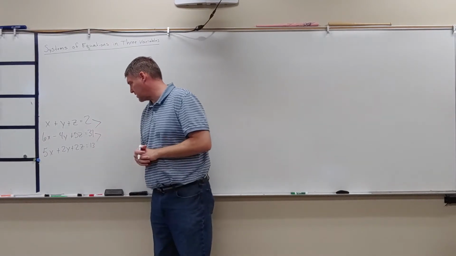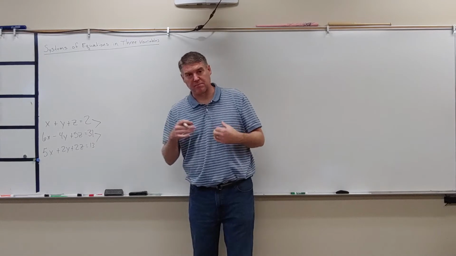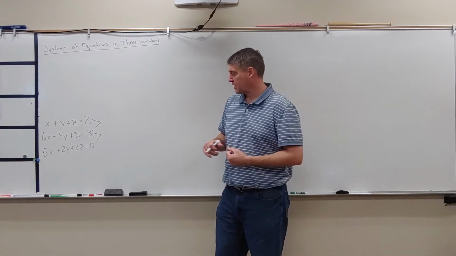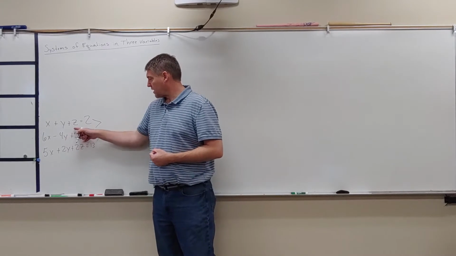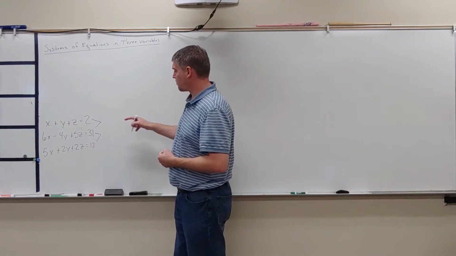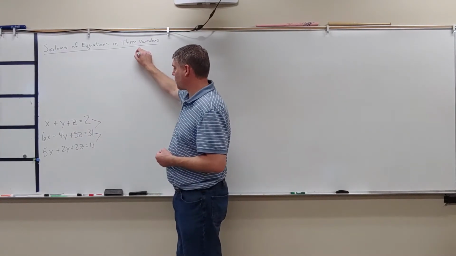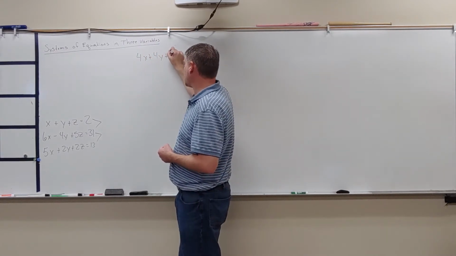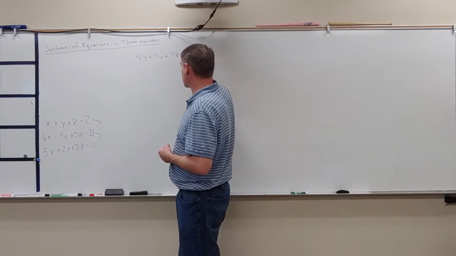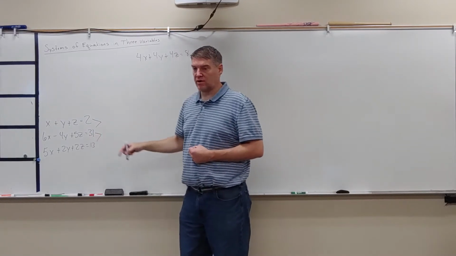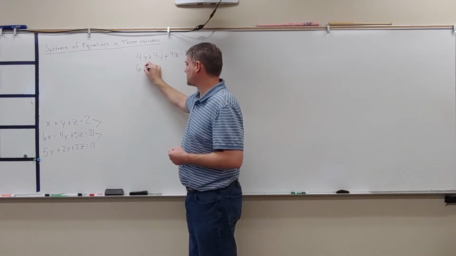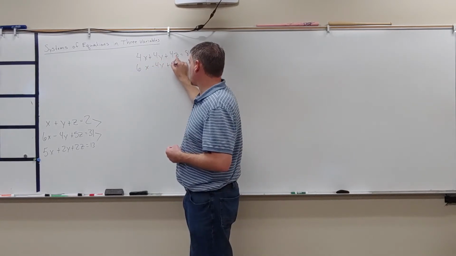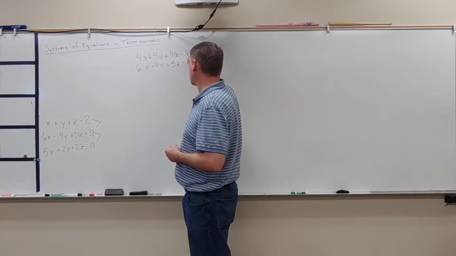I'm going to combine the top and the middle equation, and then combine the middle and the bottom equation. To combine the top one, I need to multiply the top by 4. So I end up with 4x plus 4y plus 4z equals 8. The middle row I don't have to do anything with, so it's 6x minus 4y plus 5z equals 31.